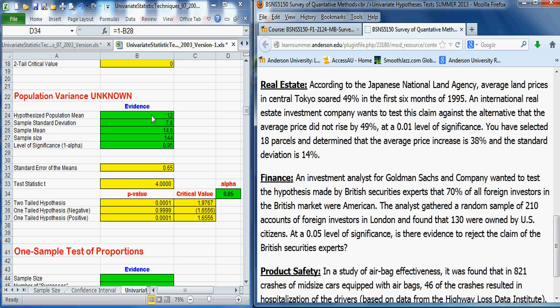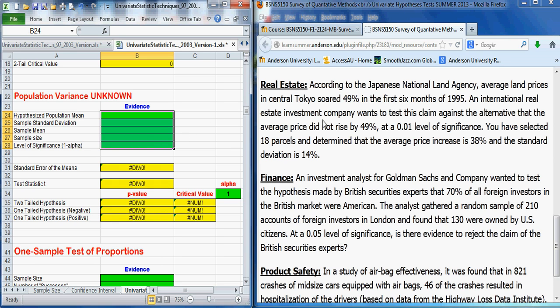So let's clear out the information from the previous problem so that we can input new information. Okay, the claim is that 49%, we will convert everything to decimals. So 0.49 is the hypothesized population mean. We see that the standard deviation is 14%, so we'll input a 0.14 there.